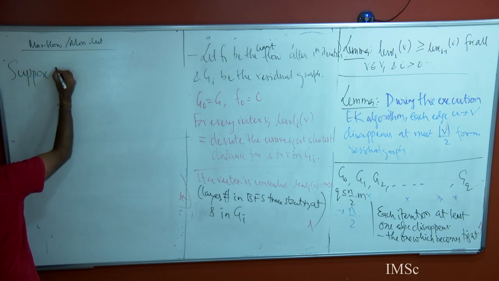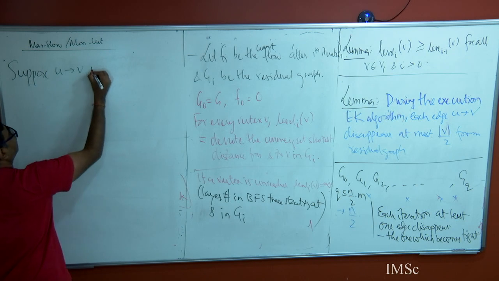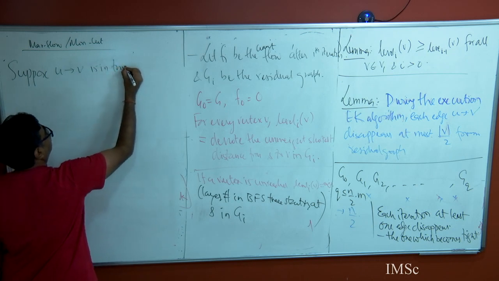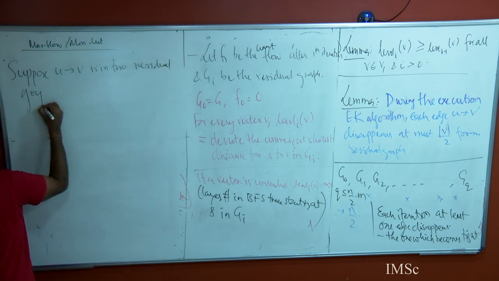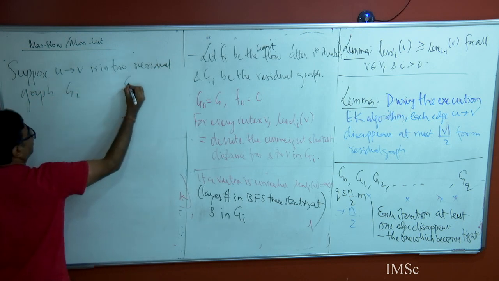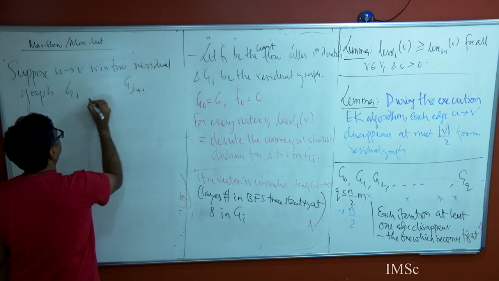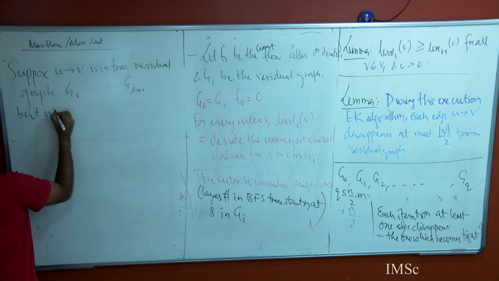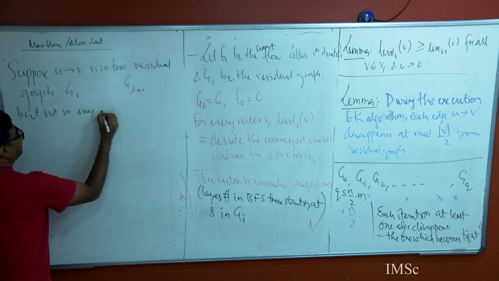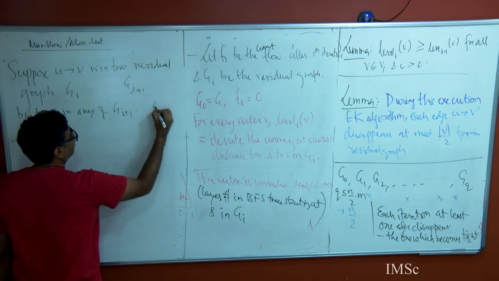Suppose (u, v) is in two residual graphs, say Gi and Gj, and it is not present in any of Gi plus 1 to Gj.